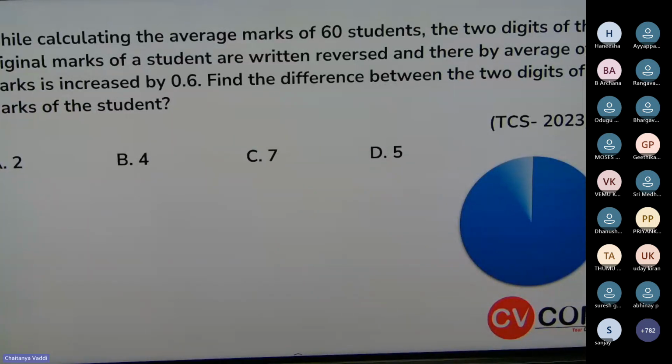Yeah, last few seconds left. Yes, guys, time up.